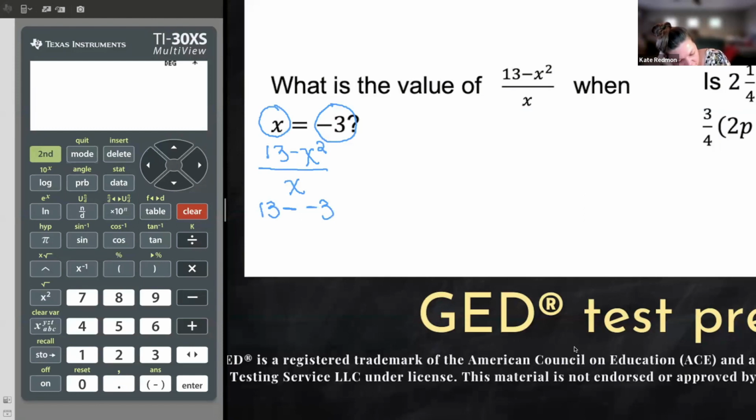Now, notice this x is being squared. You must put negative values in parentheses when you're substituting them in to exponential expressions. Okay, so if there's a power there, it needs to be in parentheses. And that's going to be over. This x also turns into -3.